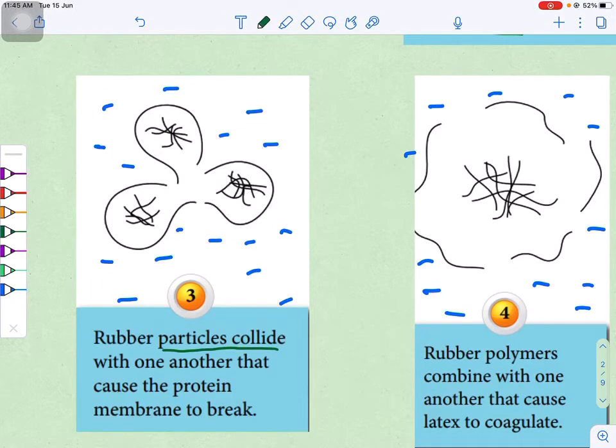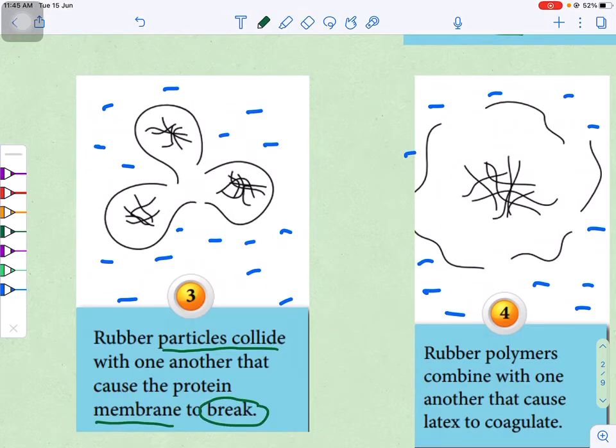What is a rubber particle? A rubber particle is the rubber molecule inside the protein membrane. They are going to collide because the protein membrane is very thin and weak. So when they collide, the protein membrane will break.